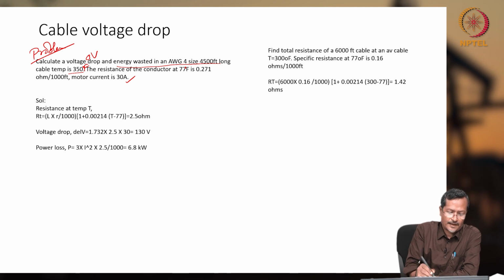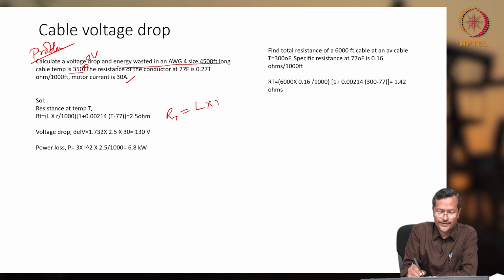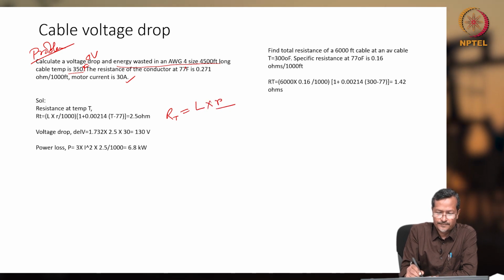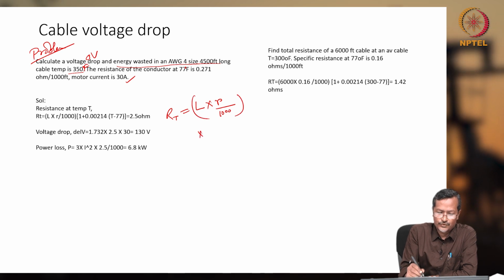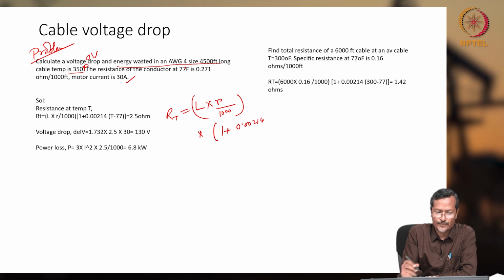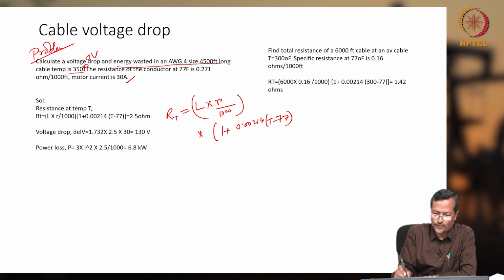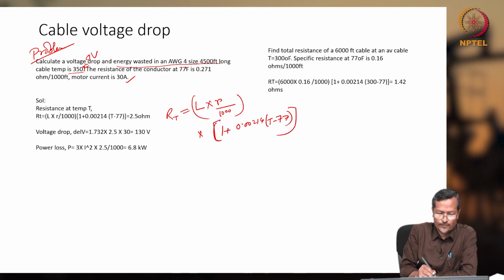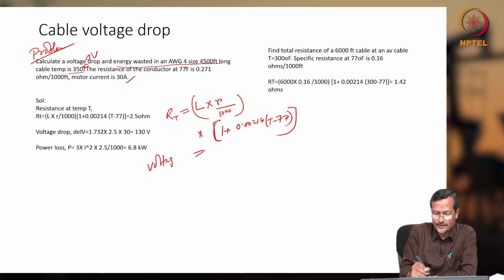The solution is simple. RT, total resistance, equals L, length, into resistance per 1000 feet, into 1 plus 0.00214. This is a constant for copper wire. Then T minus 77. This is the formula. So if I put the formula for voltage drop, first you calculate RT.